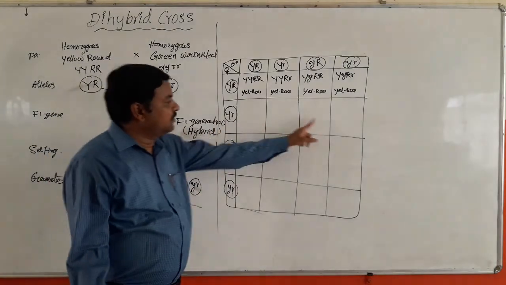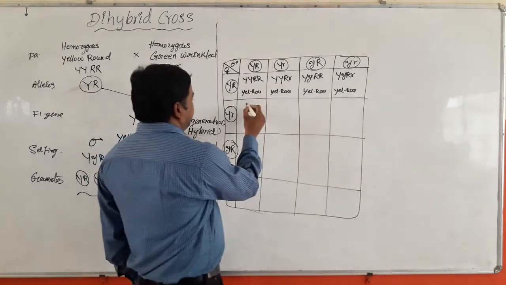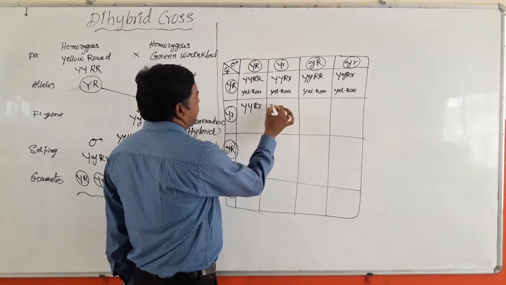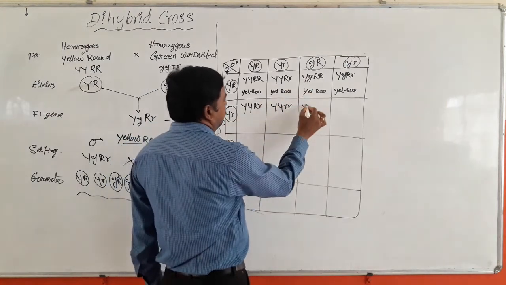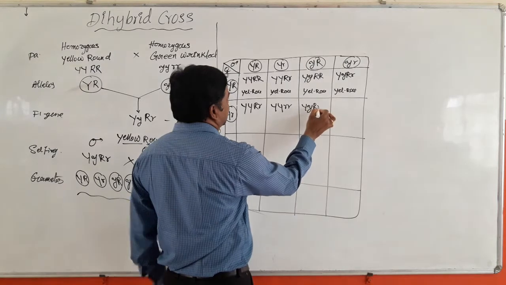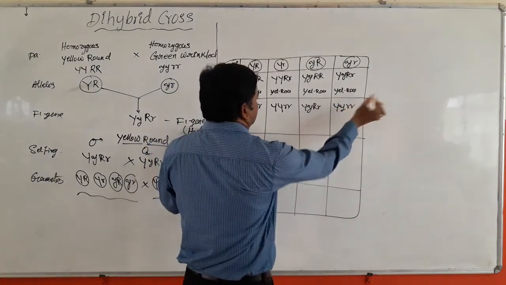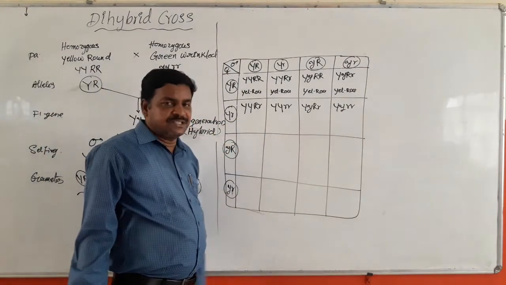But what about the genotypes and phenotypes of the second column? Here, capital Y, capital R, small r. Capital Y, small r, small r. Capital Y, small y, capital R, small r. And capital Y, small y, small r, small r. And what about the phenotypes of the second row?